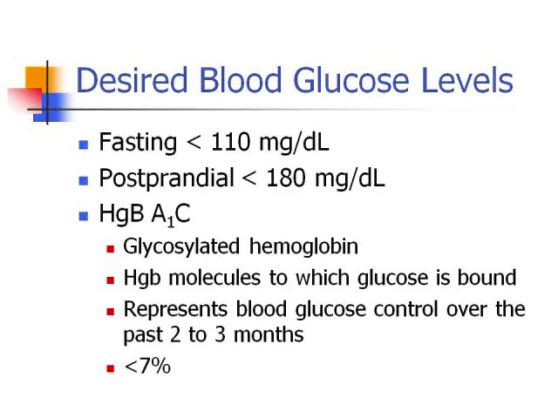So it's a long-term measure. And we want it to be less than 7%. This lab means that the person can't say, I'm gonna have my blood sugar tested tomorrow, let me be good today. One day is not going to do it, because it tells you over the last 2 to 3 months, how has it been.